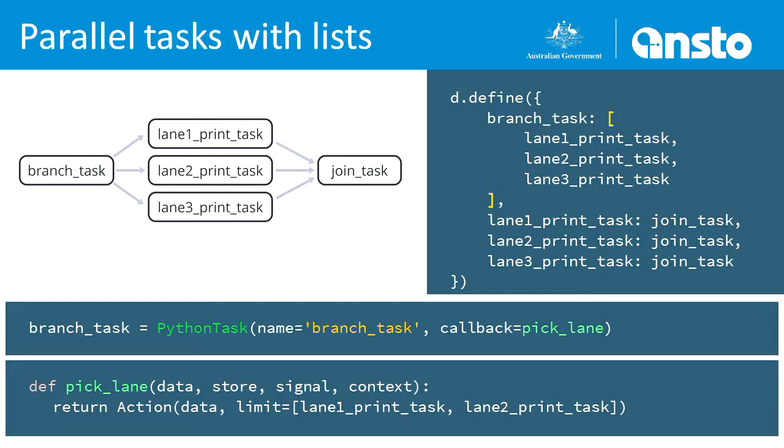But you can also do it explicitly, and that is with an action object. You give the action object the data as the first parameter, and then it has an argument for the limit. So you can limit the following tasks to the ones you enumerate here. In this case, lane 1 and lane 2, so it would not go to lane 3. And by doing that, you can have dynamic workflows that, depending on what happens in the branch task or anything upstream, will modify where you go.